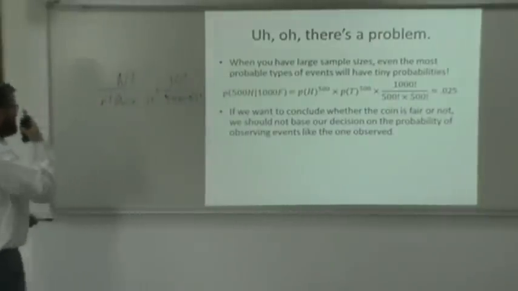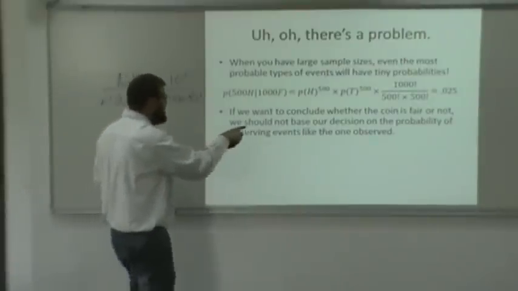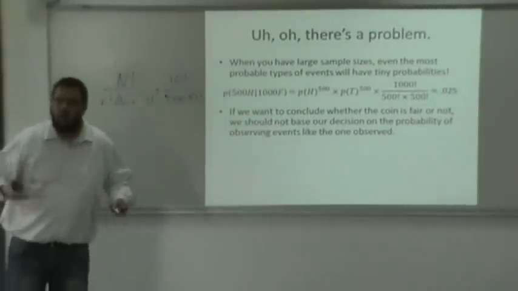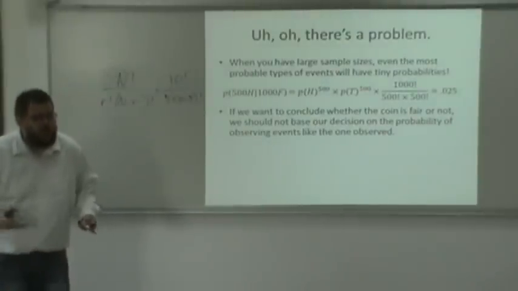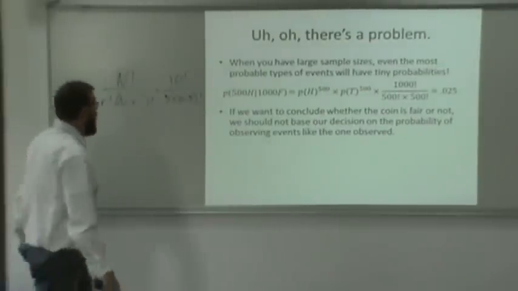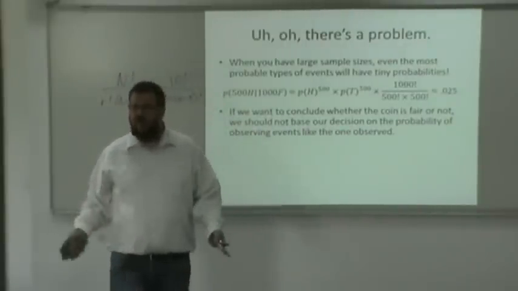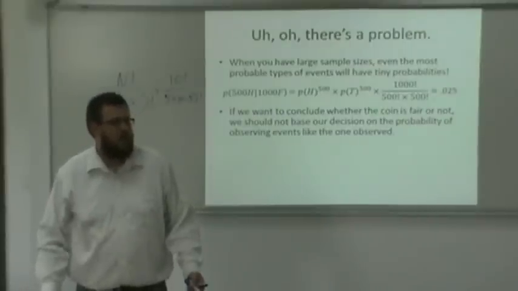Okay, so if we want to conclude whether the coin is fair or not, we should not base our decisions on the probability of observing events like the one we observed, right? Because if we were doing that, we would say, oh my goodness, the probability of getting an event where you have 500 heads out of 1,000 flips is really low.